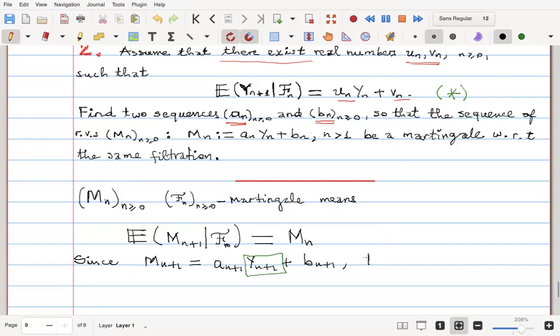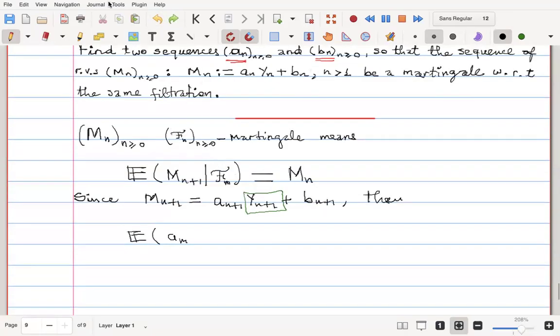Then this expression above will give us the conditional expectation of An plus 1 Yn plus 1 plus Vn plus 1 given Fn.